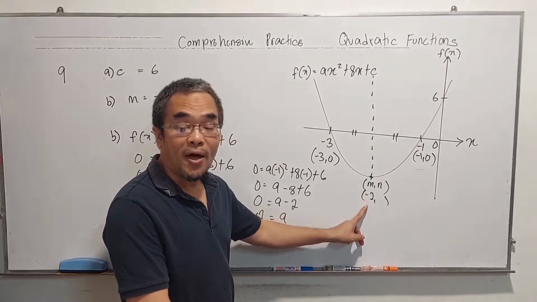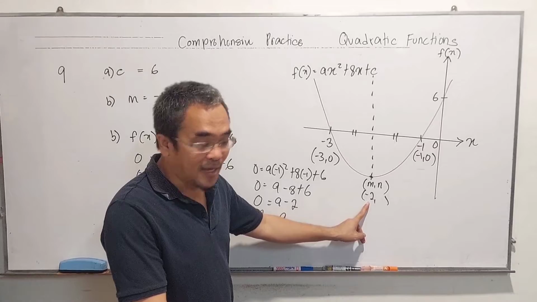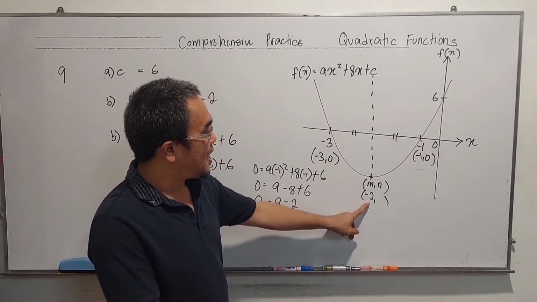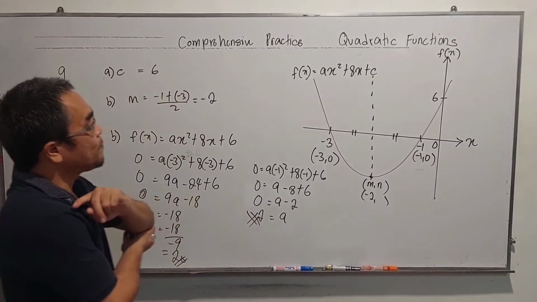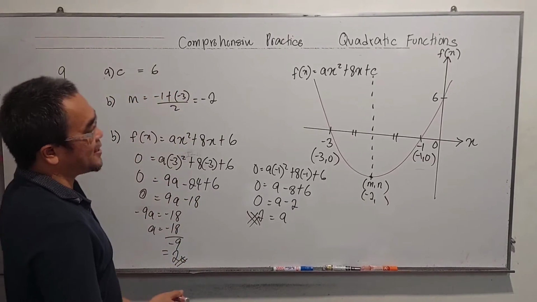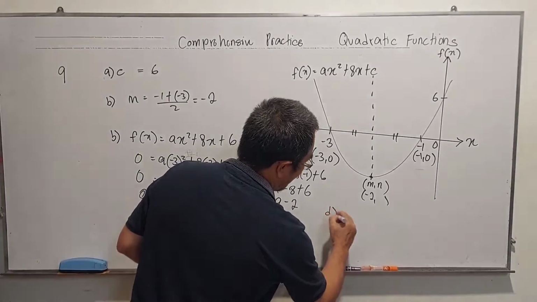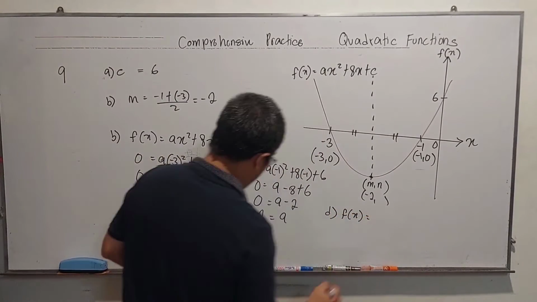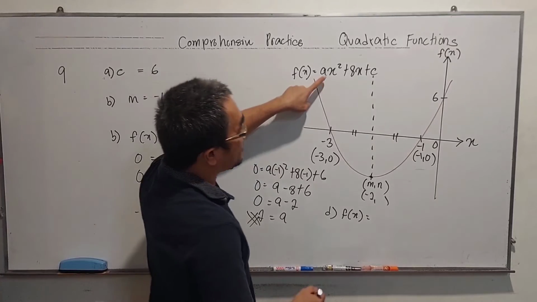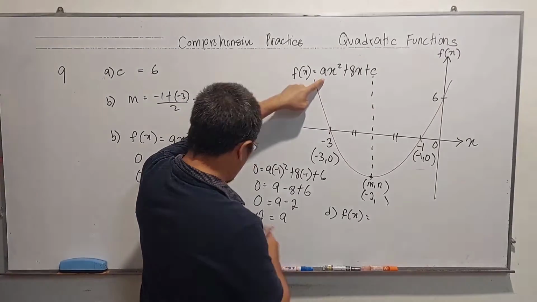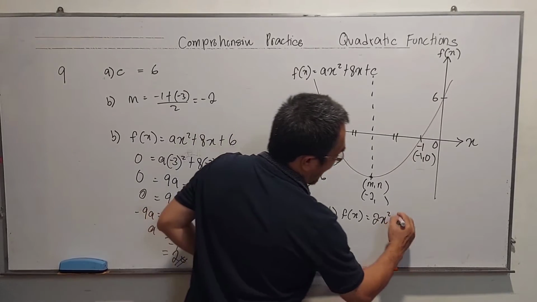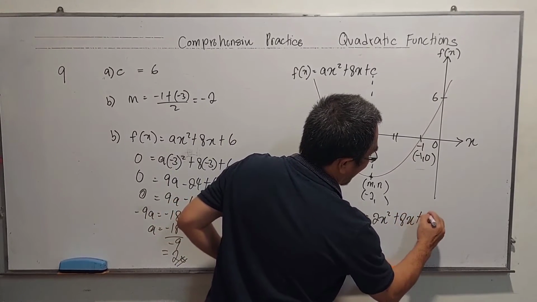So first you find the value of x using the midpoint, and afterwards you replace x as -2. So for question D, you replace a as 2, so we have 2x squared plus 8x plus 6.